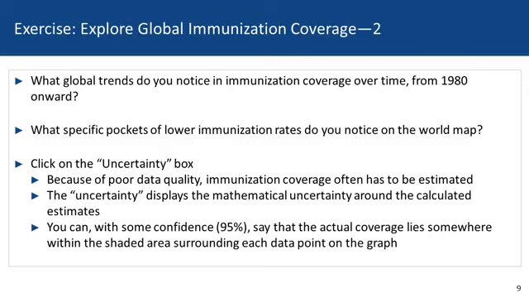The uncertainty box. Because of poor data quality, immunization coverage often has to be estimated. The uncertainty displays the mathematical uncertainty around the calculated estimates. You can say with some confidence, for example 95%, that the actual coverage lies somewhere within the shaded area surrounding each data point on the graph.